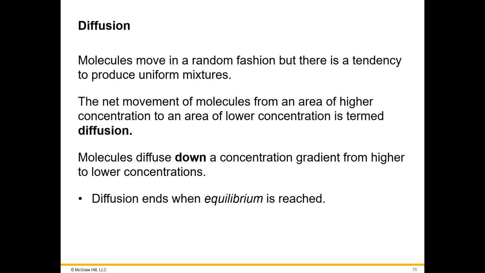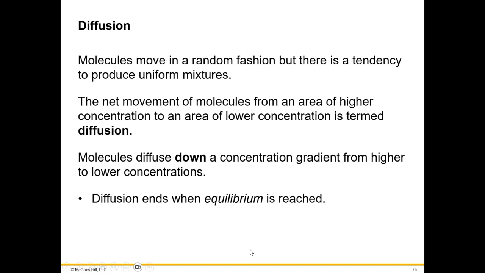And there's no energy that has to be exerted to make that happen. It's just happening because of the concentration gradient, from high concentration of a lot of perfume in one area to lower concentration, the areas of the room that don't have any perfume in them yet. So that's one way to cross the cell membrane.